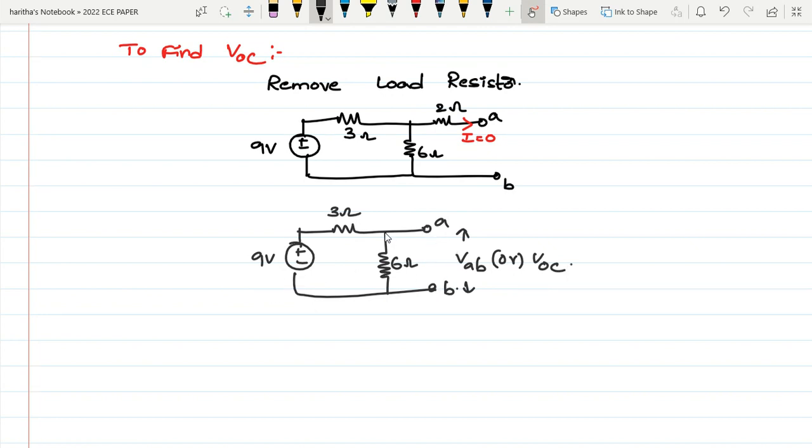These terminals are directly across the 6 ohm. Then this is a simple series network. You can find the voltage across the 6 ohm.